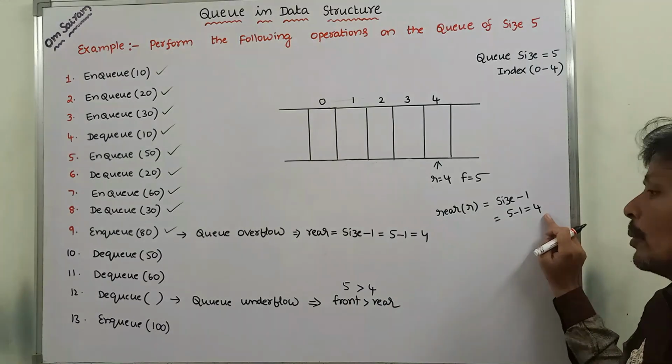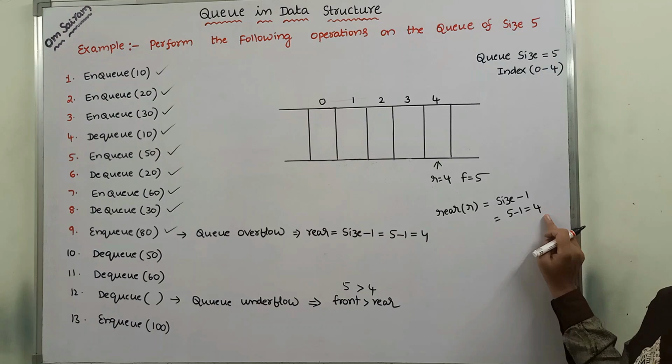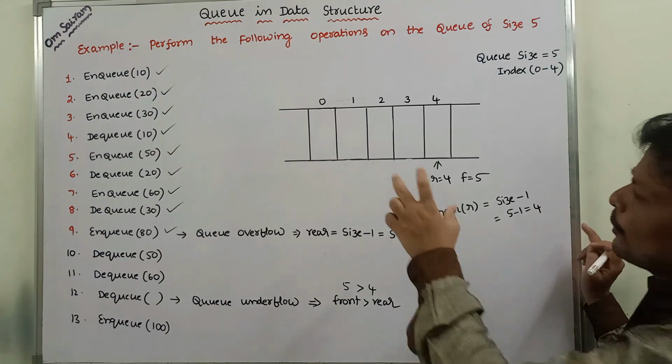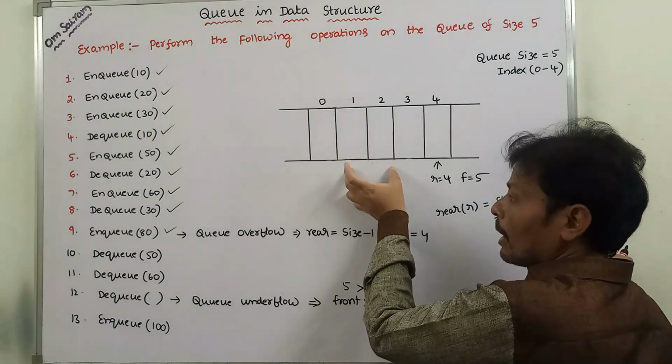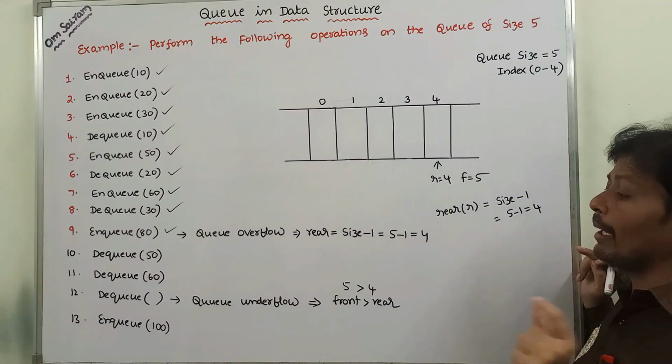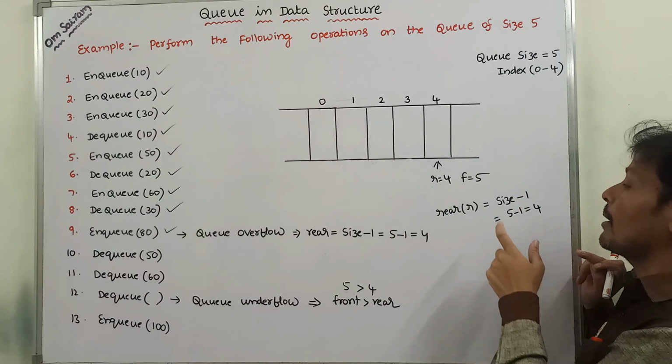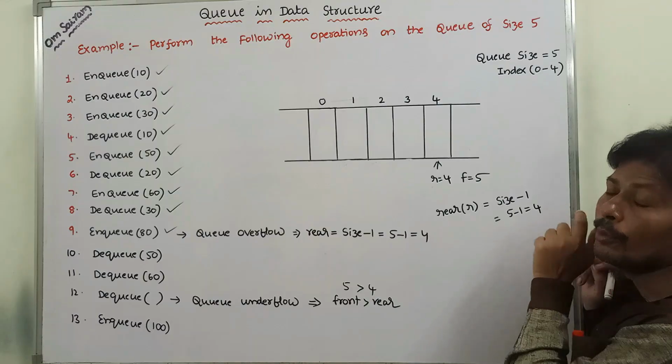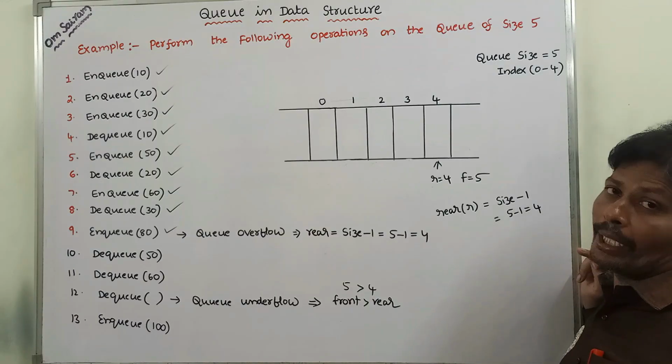At that time we are getting the queue overflow condition. Even though empty slots are available, it is not possible to insert element 100 because the rear pointer is pointing to size minus 1.